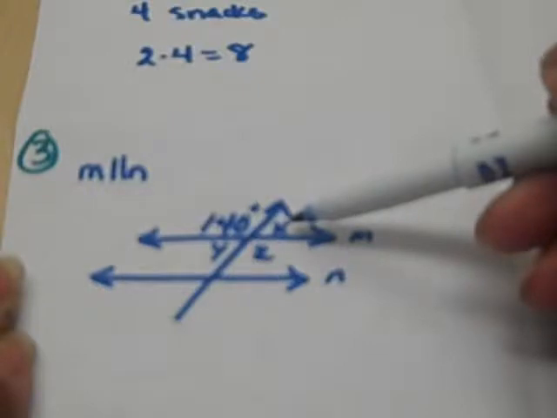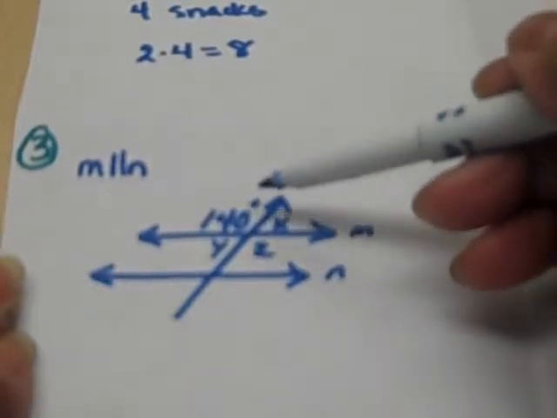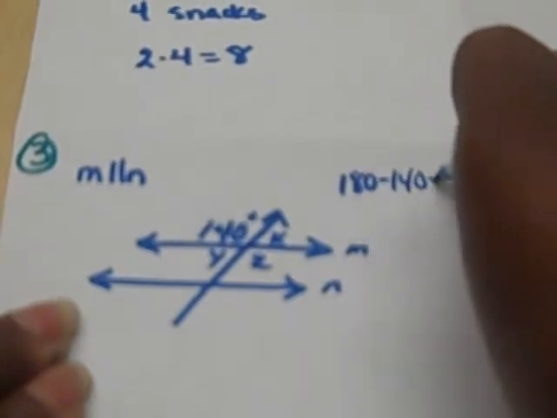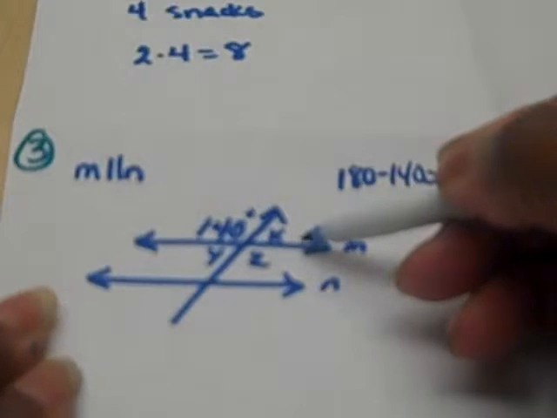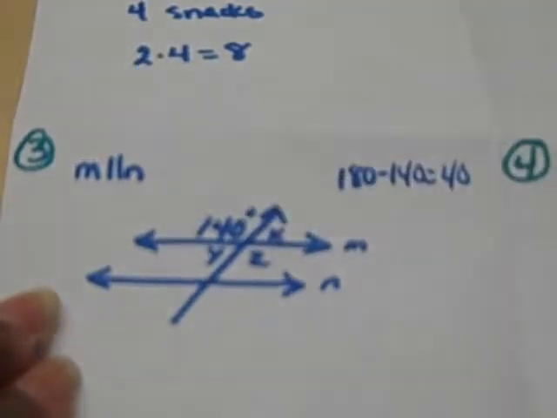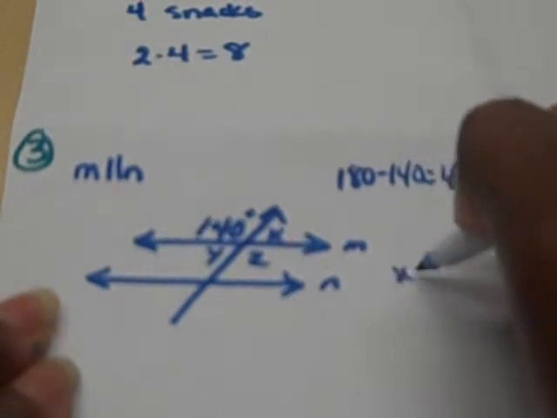So by properties of supplementary angles, 180 minus 140 equals 40. So x will be 40 degrees, because 40 plus 140 is 180. So x equals 40 degrees.